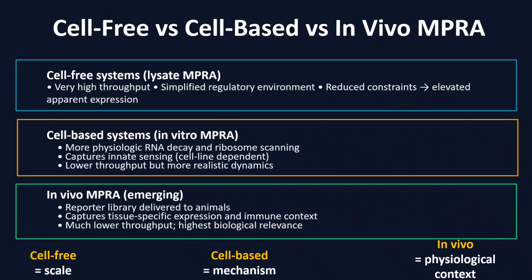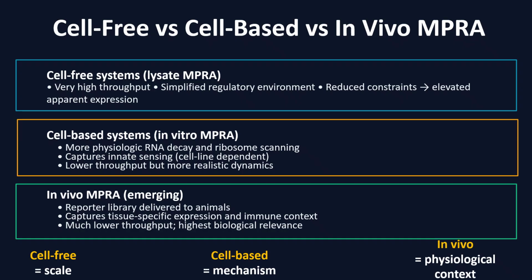So once the library is introduced into an expression system, the biological context determines what aspects of RNA behavior you can actually measure. Different systems capture different layers of regulation. Cell-free systems provide, yes, highest throughput.